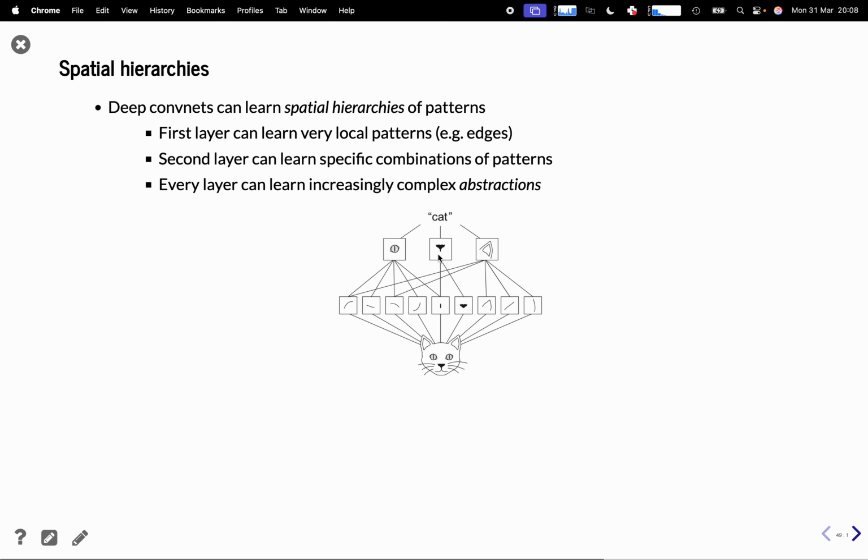And then by deeper layers of abstraction, eventually it becomes very easy for the model to identify whether it's a cat or not, right? We even saw that some filters will only respond if there's a cat, or only respond if there's a dog. And so by doing that, it becomes very easy for the last layer to then identify, oh yes, this is a cat or this is a dog.